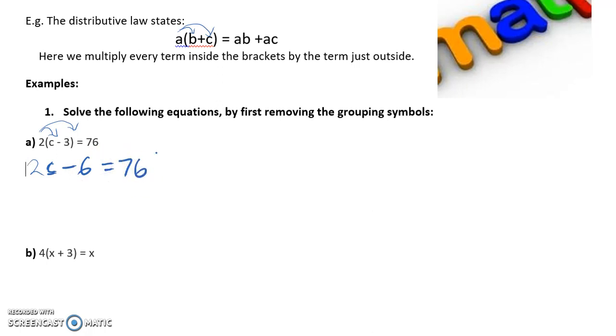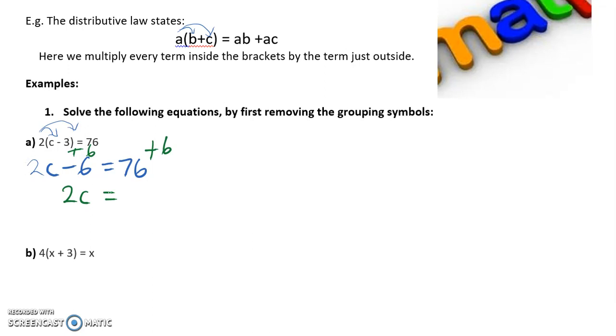Then what I want to do is get the 2c component by itself. So I'm going to add 6 to both sides. If I add a 6 here and I add a 6 here, on this side, I'm just left with 2c, which is what I want. And on the right, I need to add 6 to 76.